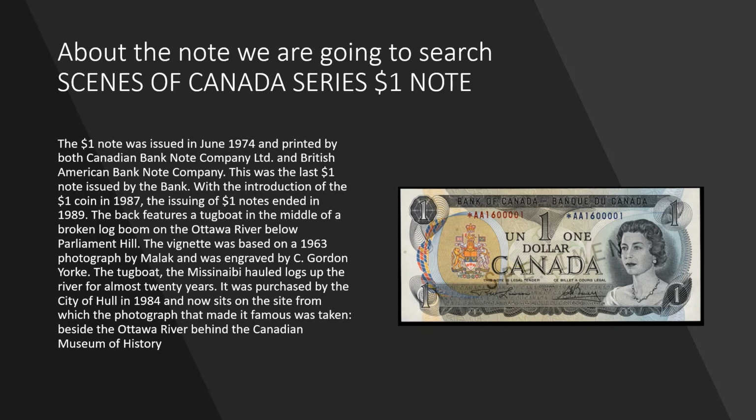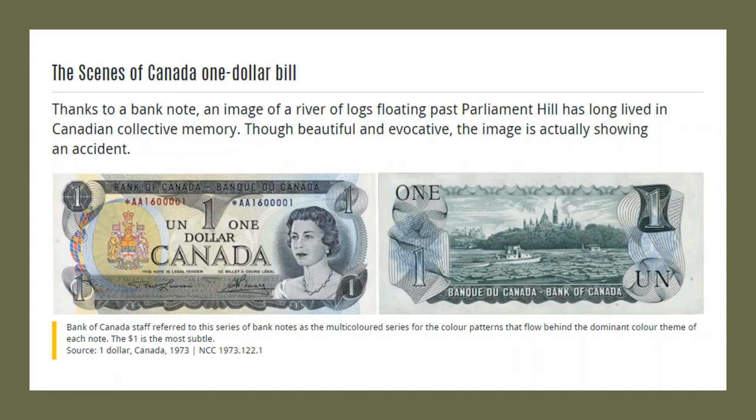So let's go right on to the next one. The $1 banknote is the Scenes of Canada, and down here it says the Bank of Canada staff referred to the series as the multicolored series, and I agree, the 5 and the 20 and all the banknotes from that series are some of my favorites, and it says here the $1 is the most subtle.